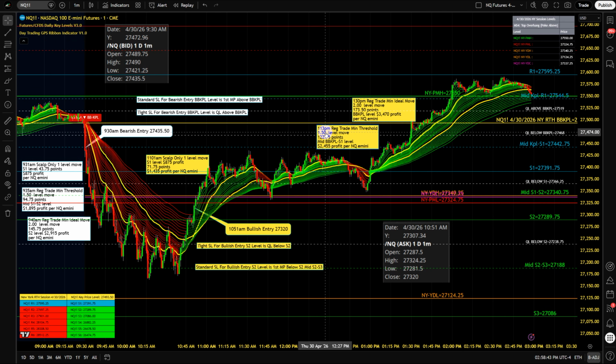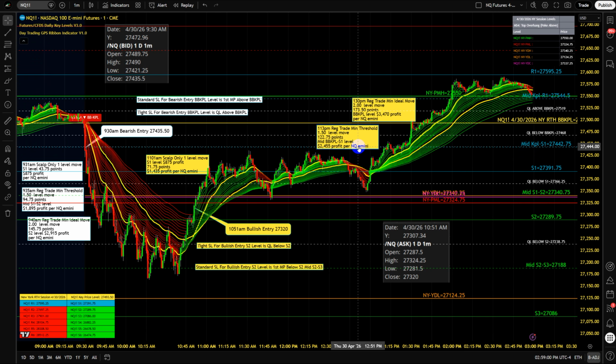So 1:13 p.m., 1.5 level move in our favor, 122.75 points on the hit of the mid BBKPL S1, 27,442.75. That is $2,455 profit per NQ E-mini or per 10 micros.